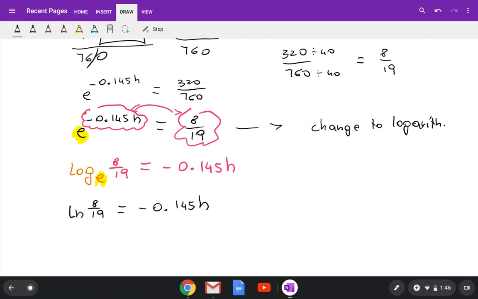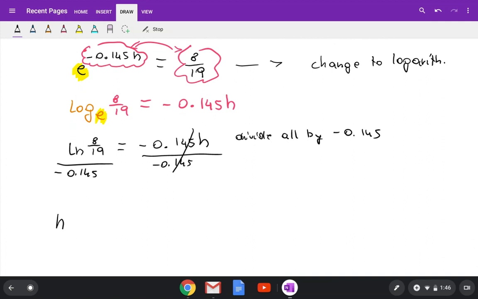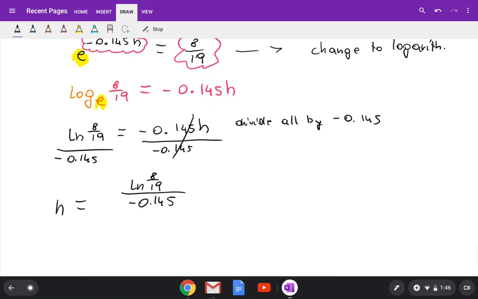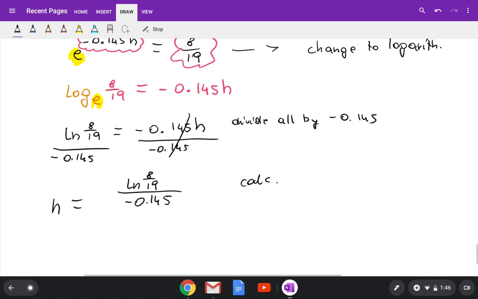ln of 8 over 19, this is something we can always plug in on the calculator. So you need to solve for h. Just divide both sides by negative 0.145. That cancels, and we have h equals ln of 8 over 19 over negative 0.145. So how do we evaluate that on a calculator? It depends which one you use.